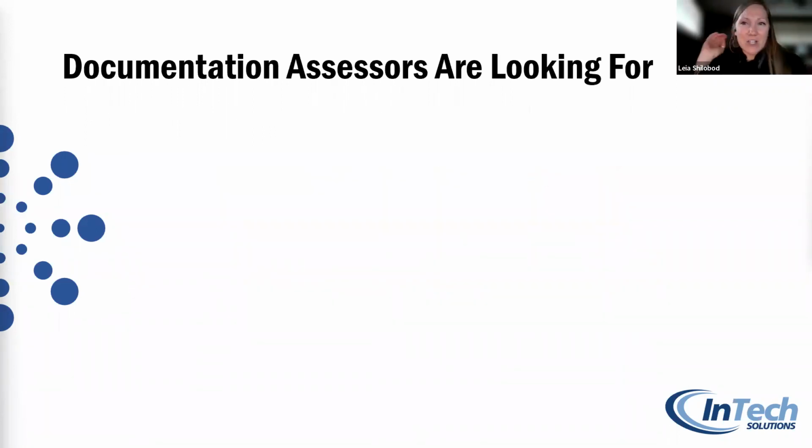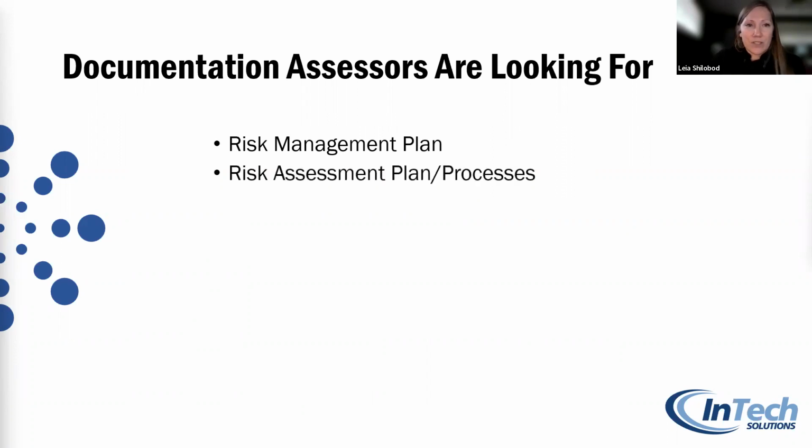So what kind of documentation are the assessors looking for? They're going to look for things like a risk management plan and how you are addressing the risk to the company. They're going to look for your risk assessment plan and processes for how you are assessing risk in the organization.